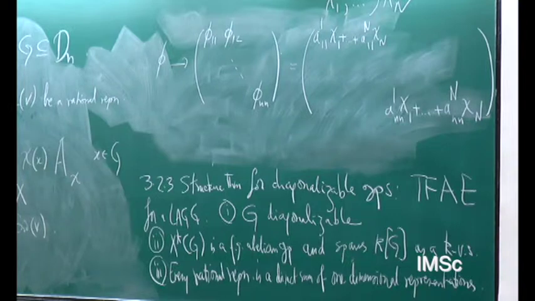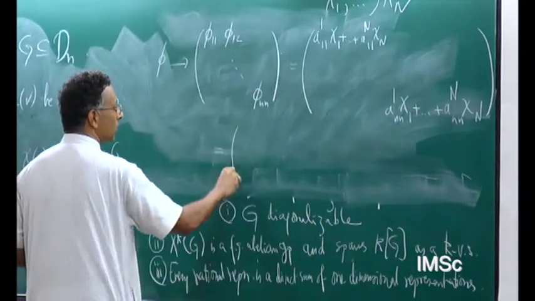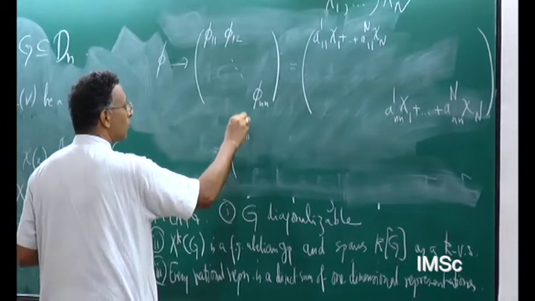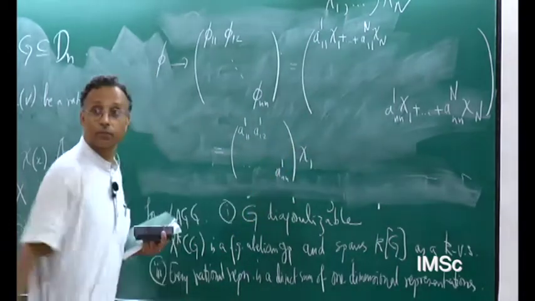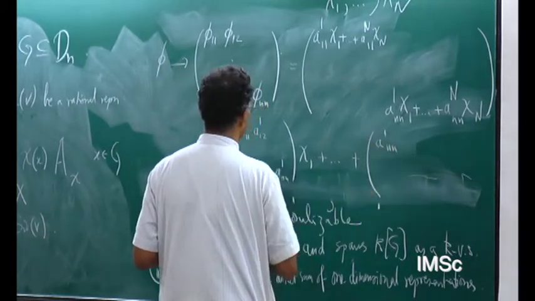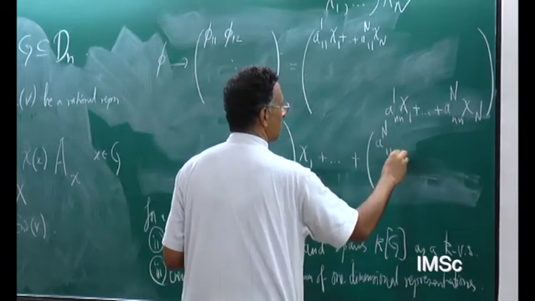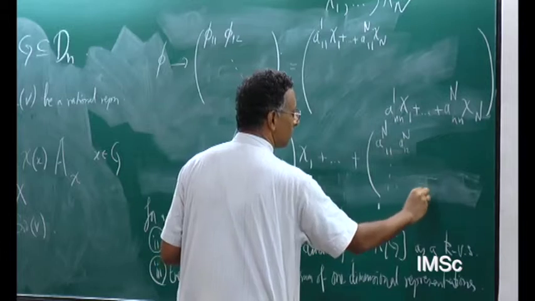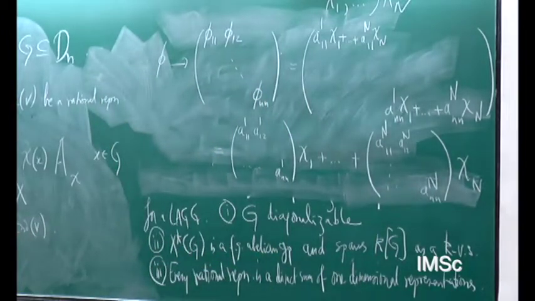Now what are these a's? You can write the matrix of a_111, a_121, up to a_nn1 into chi_1, plus up to the matrix of a_11n, a_12n, up to a_nnn into chi_n. Of course, x is general, so you can omit it.